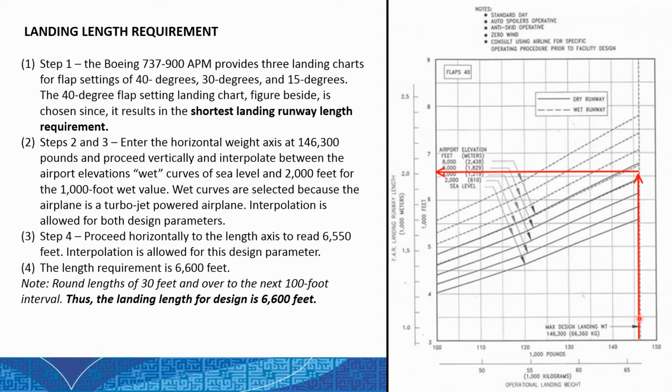Then we proceed vertically until we reach the curve. There is the curve for dry runway here. This is for the dry runway, and there is also one for wet runway. And because the Boeing 737-900 is a turbojet aircraft, we will use the wet runway.